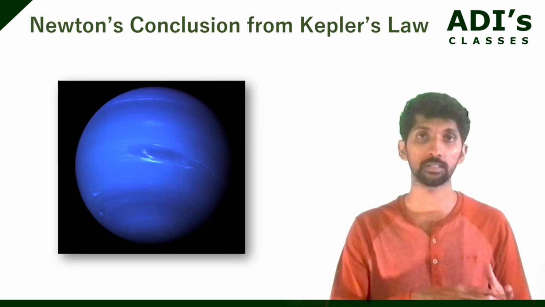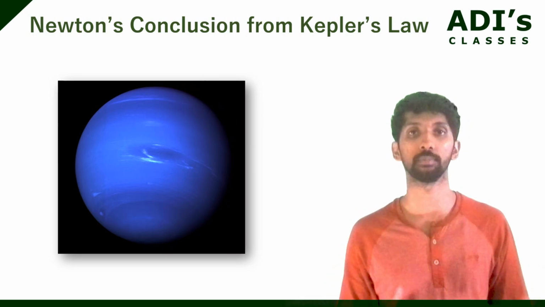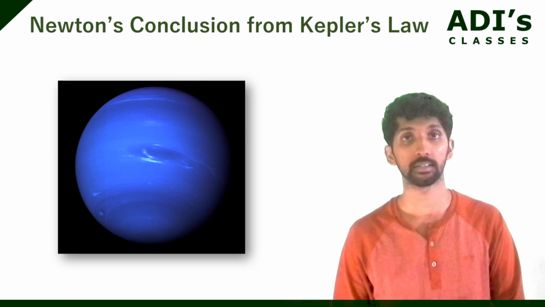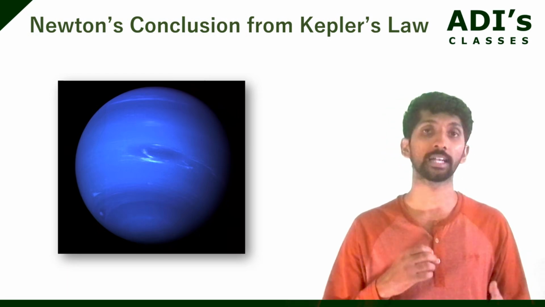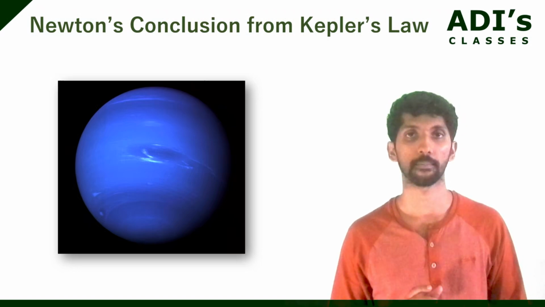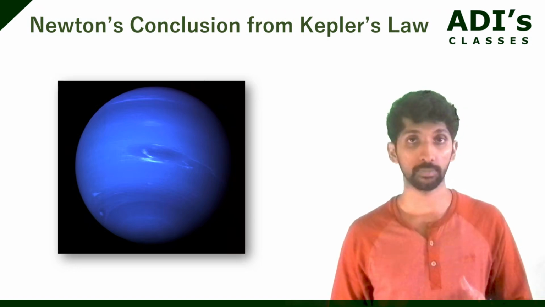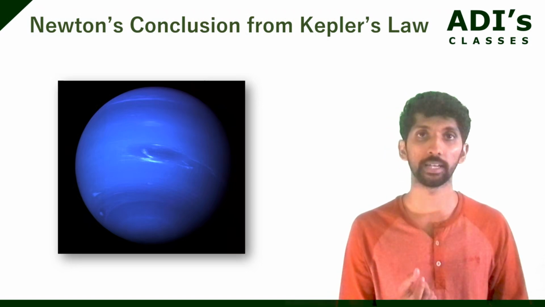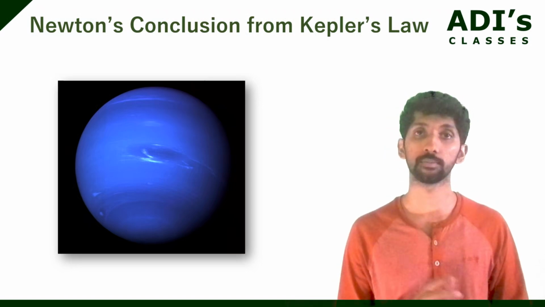The distance of Neptune from the sun is already very big, and on top of that, we are squaring it. So the force acting on this planet due to the sun will be very less. That's why, by this law, closer the planet, more force there will be from the sun.